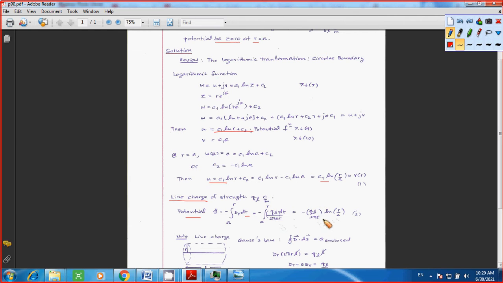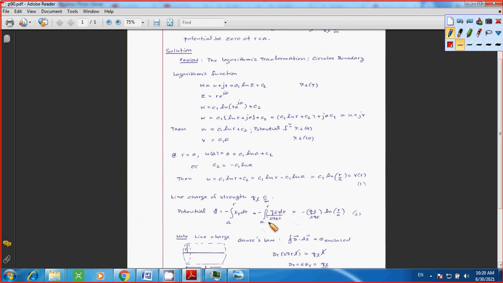So you just do the integration, and you end up with negative QL over 2 pi epsilon ln R over A. So they both represent the potential, but this one is from the transformation method, right? By comparison, you can see that this is your C1, going to be negative QL over 2 pi epsilon.